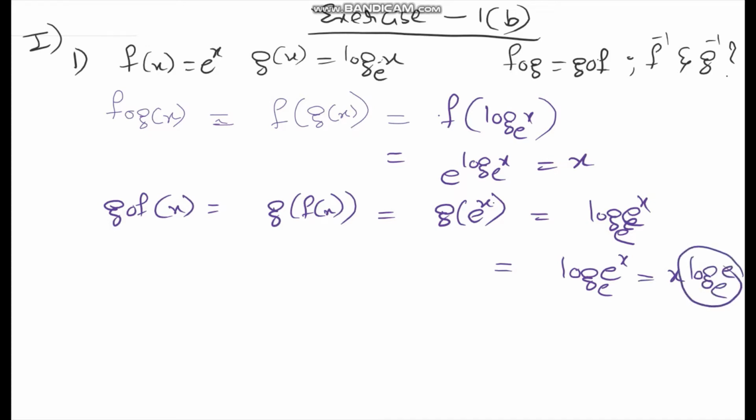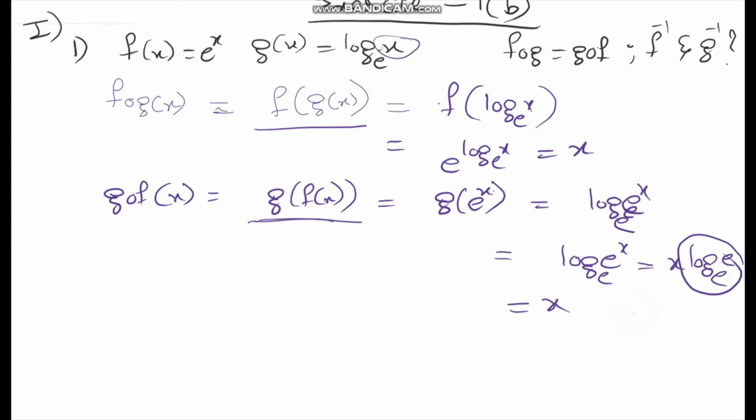Log e to the base e equals 1, that equals x. Whenever they give fog or gof, we need to consider f of g of x or g of f of x, whatever the variable we have here, that we need to consider.